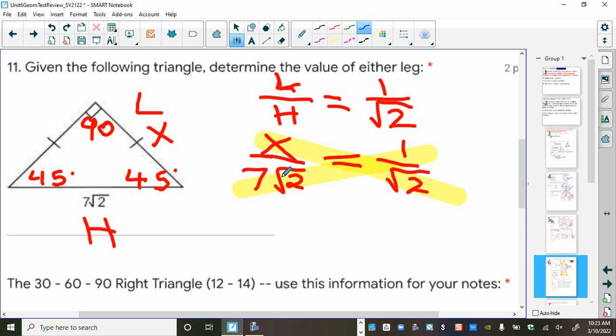Well, what's 1 times 7 square root of 2? What do we have going on for this side? Just don't do the decimal yet. In fact, I wouldn't do that for now. Just leave it at 7 times square root of 2.